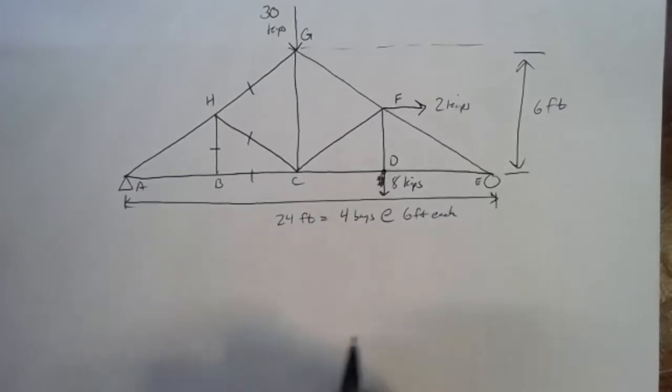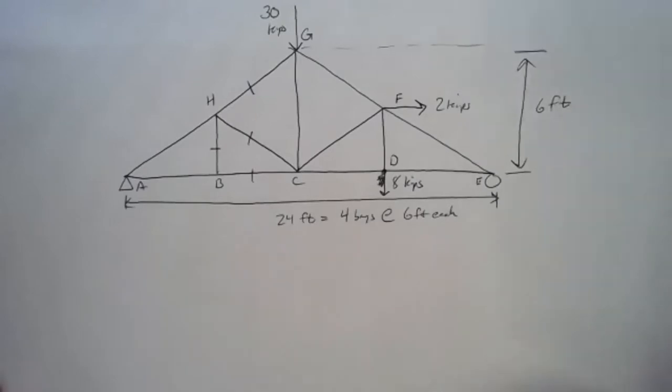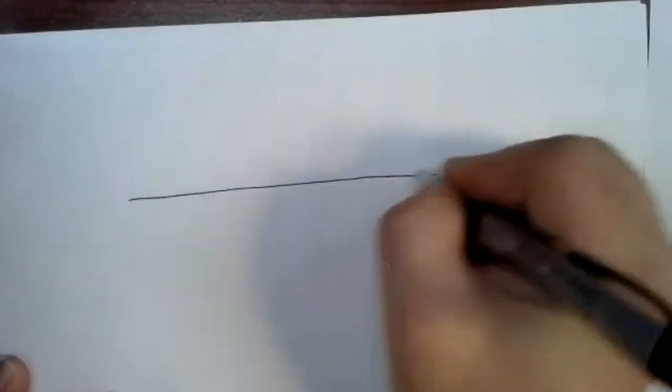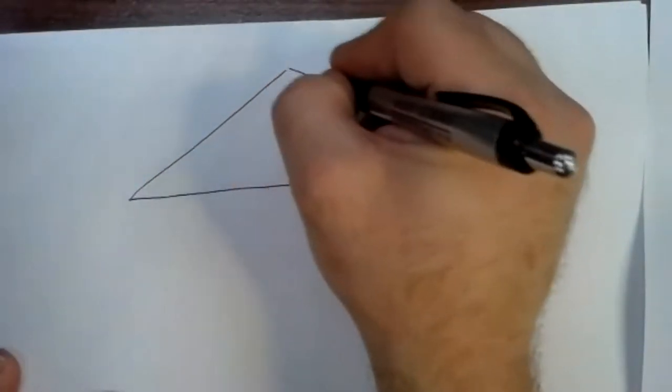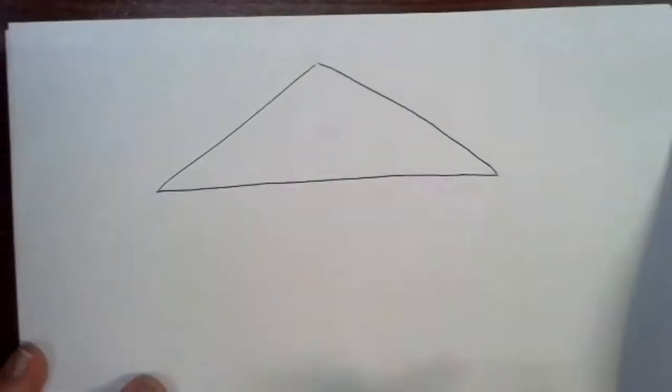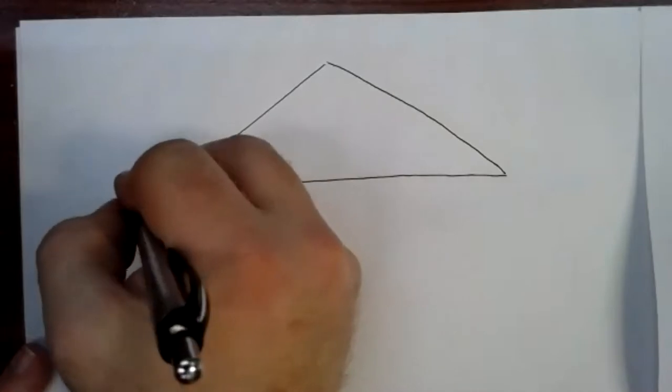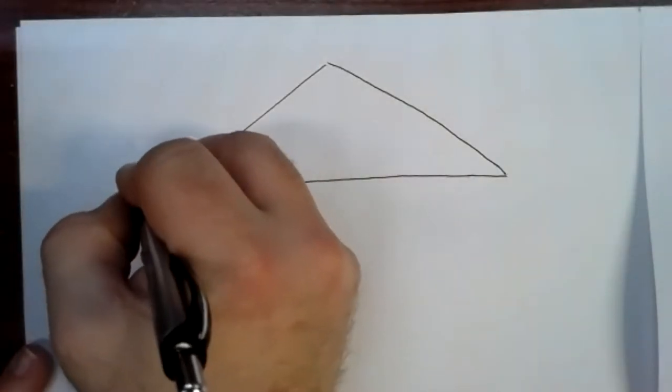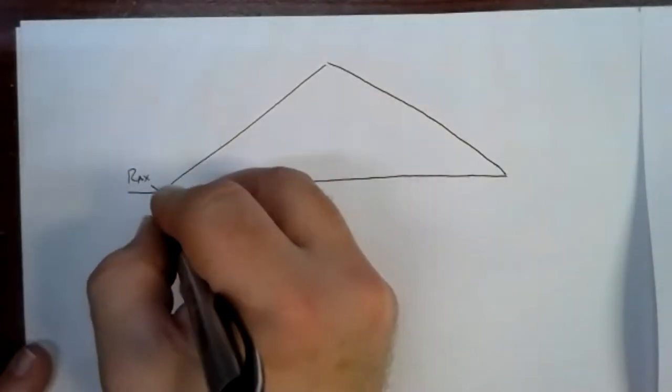So let's start with the external problem. For the external problem, I'm going to draw this again on another sheet, but without any of the internal structure, just a big triangle. We've got a pinned support at A. So a pinned support has 2 reactions to it, RAX and RAY.